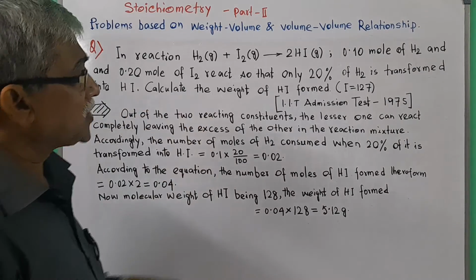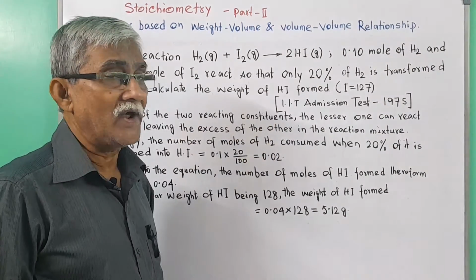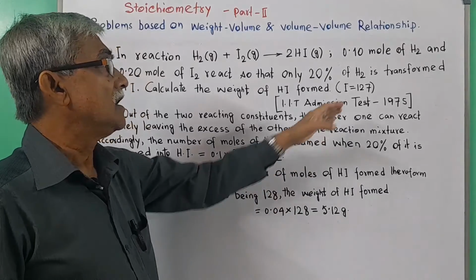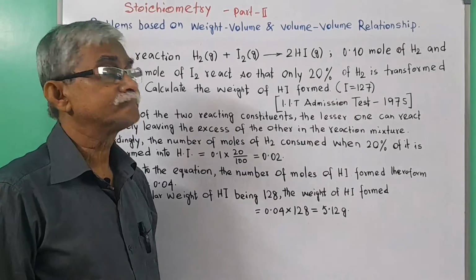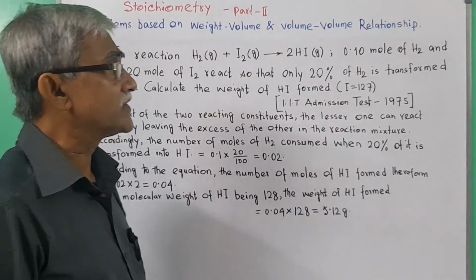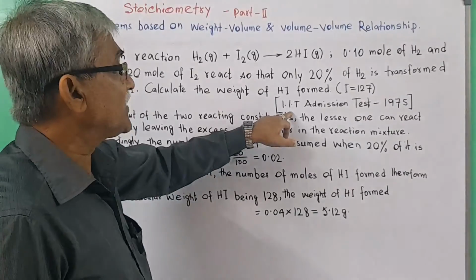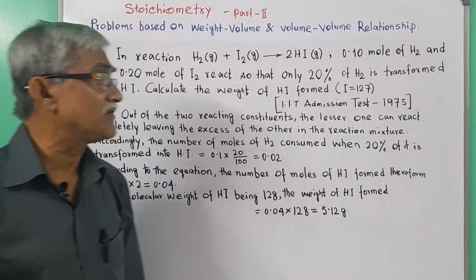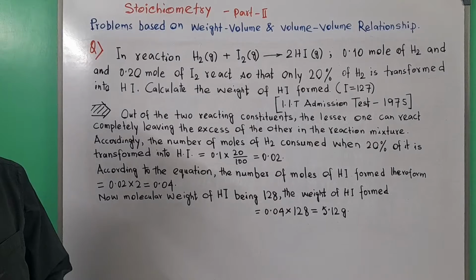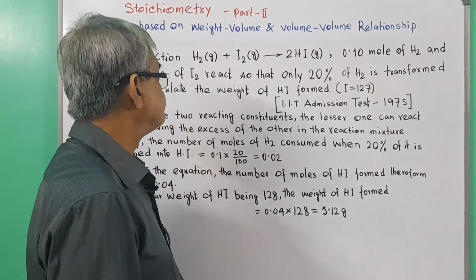Calculate the weight of hydrogen iodide formed. The atomic mass of iodine is given as 127. This was a question from the IIT admission test in the year 1975.